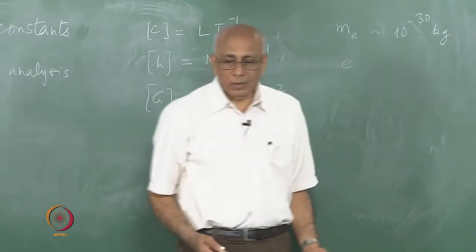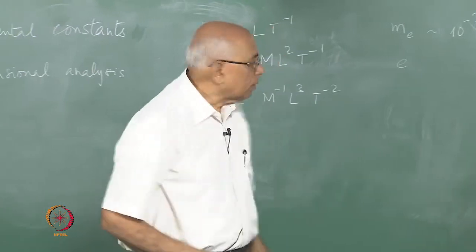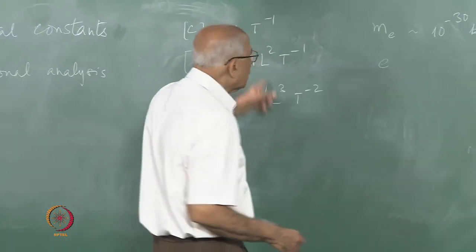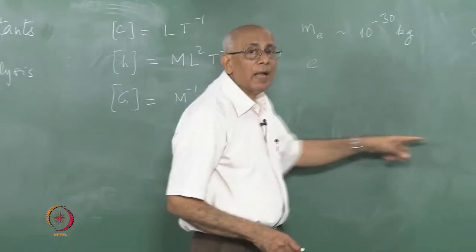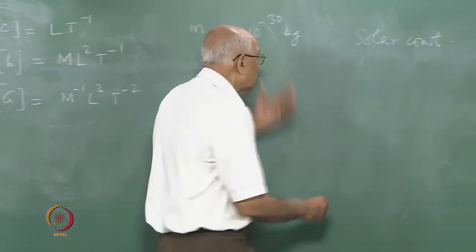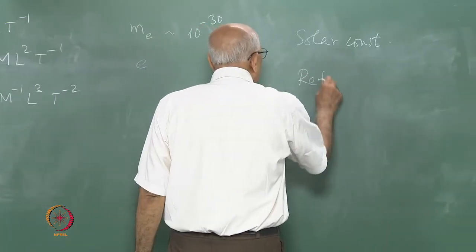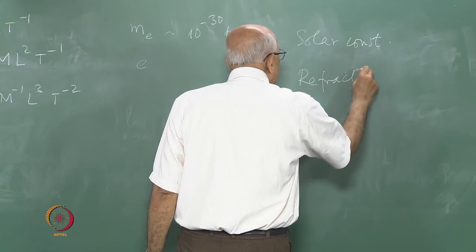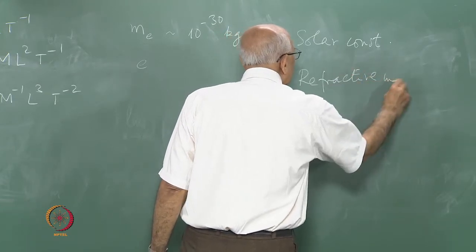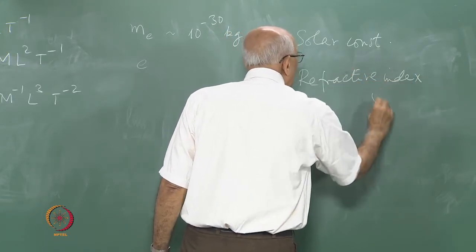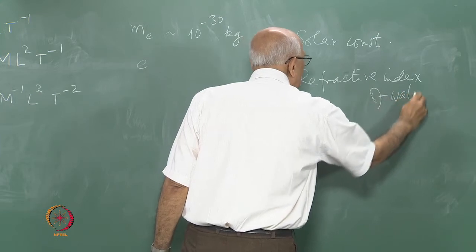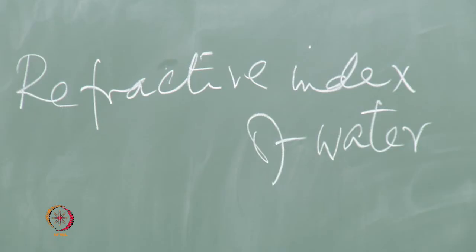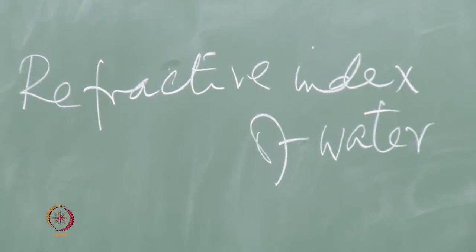They are all constants of nature, but the point is there is a fundamental difference between this sort of constant and this sort of constant and this sort of constant. For instance, you say refractive index of water, for instance, that too is a constant. Okay. But there is a big difference between this kind of constant, that, and that.